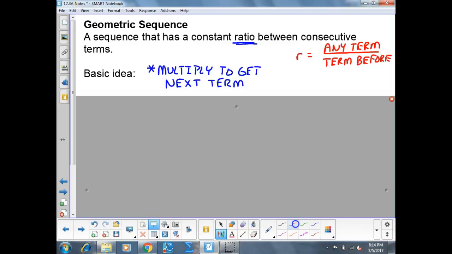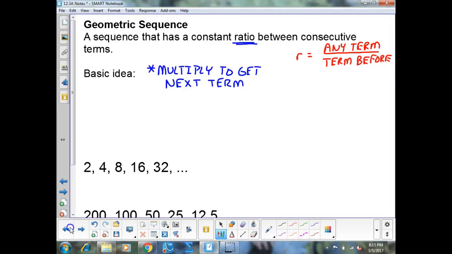We added last week to get those sequences and series, so now we're going to multiply. So if I take any term and divide it by the term right before it, that tells me what R is. If my sequence is growing, my R is going to be bigger than 1. If my sequence is getting smaller as we go along, each term is getting smaller, my R is going to be less than 1. R can be positive, R can be negative. Many different options there for R.